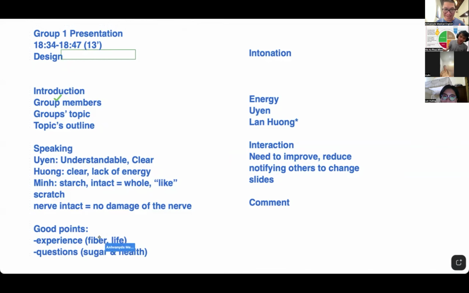Now, a good point is you share your experience while presenting the idea. I love that. It's a very good way to interact with the audience and make the audience focus on the presentation.